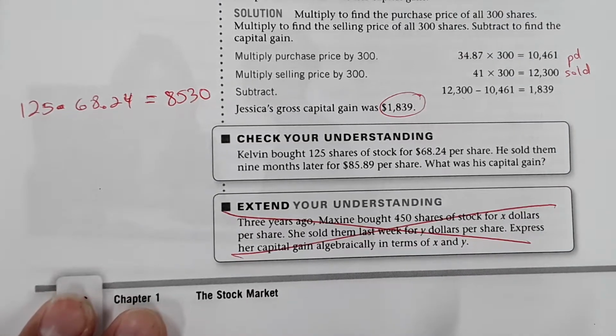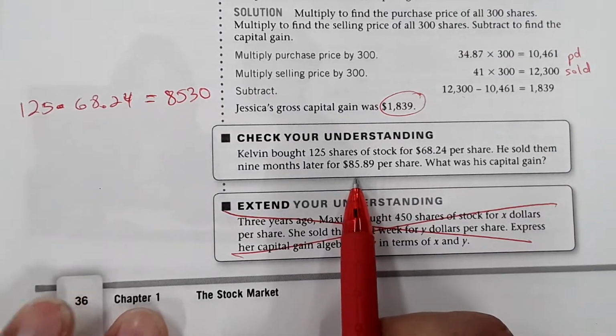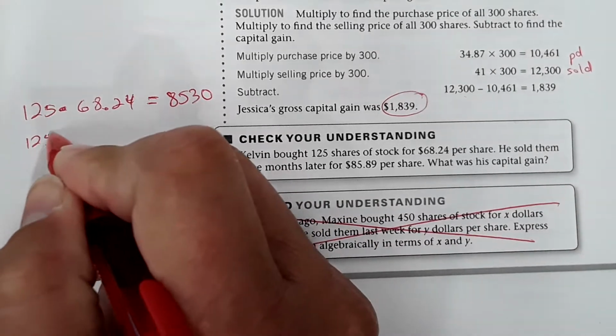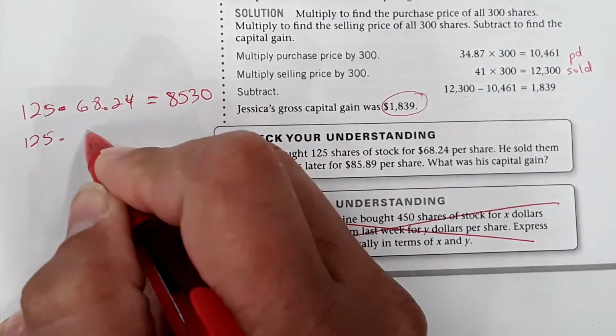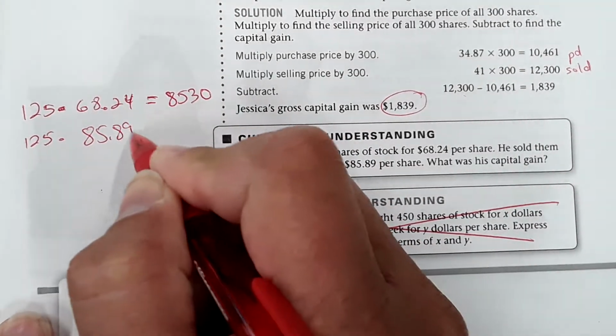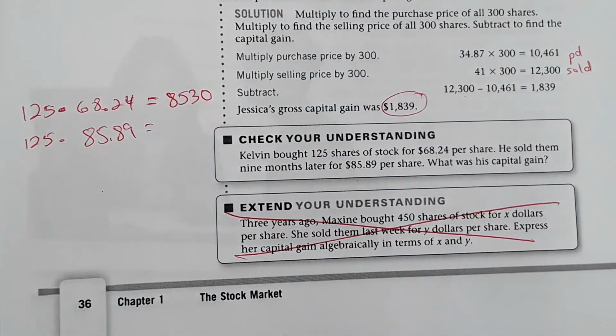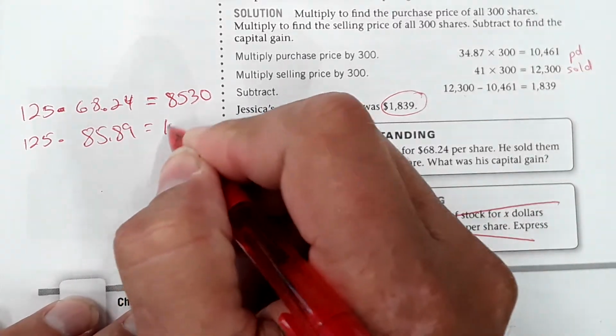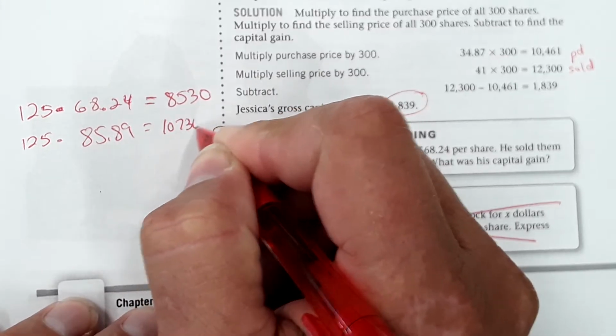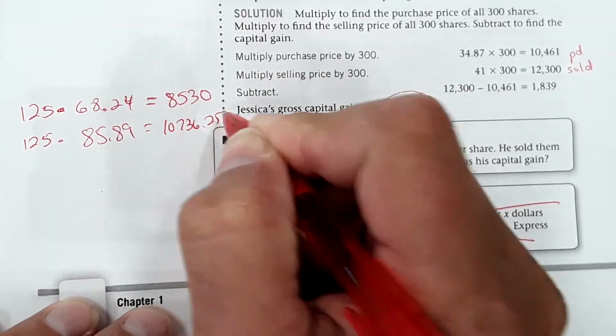He sold them for $85.89 a share. So 125 shares times $85.89 would give me what he sold them for. 85.89 times 125 would be $10,736.25.